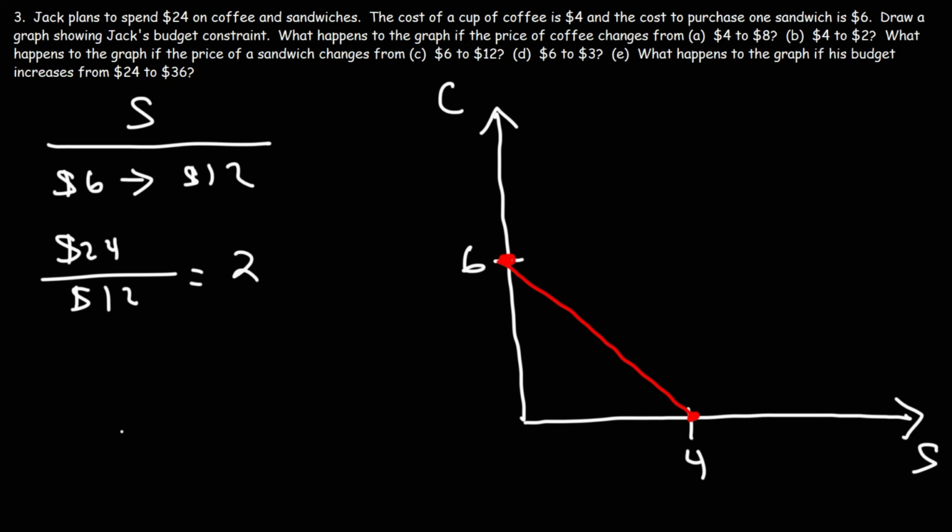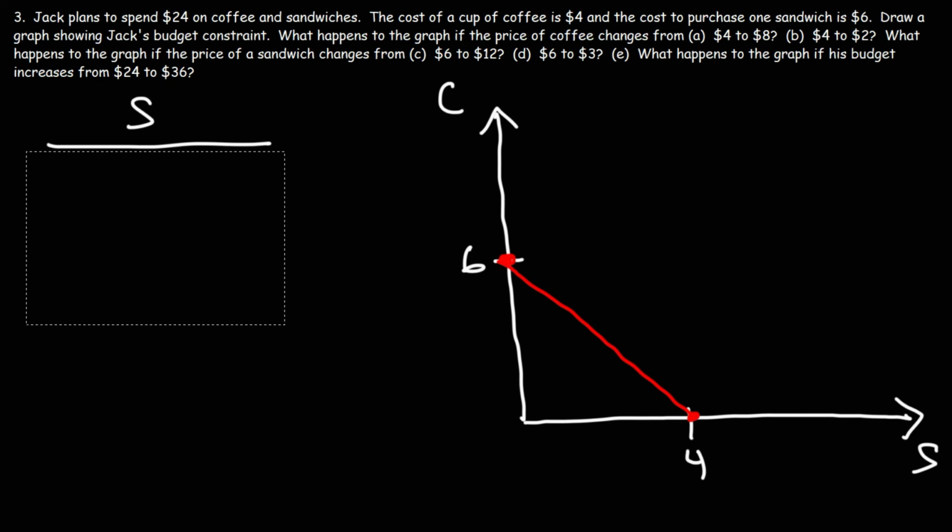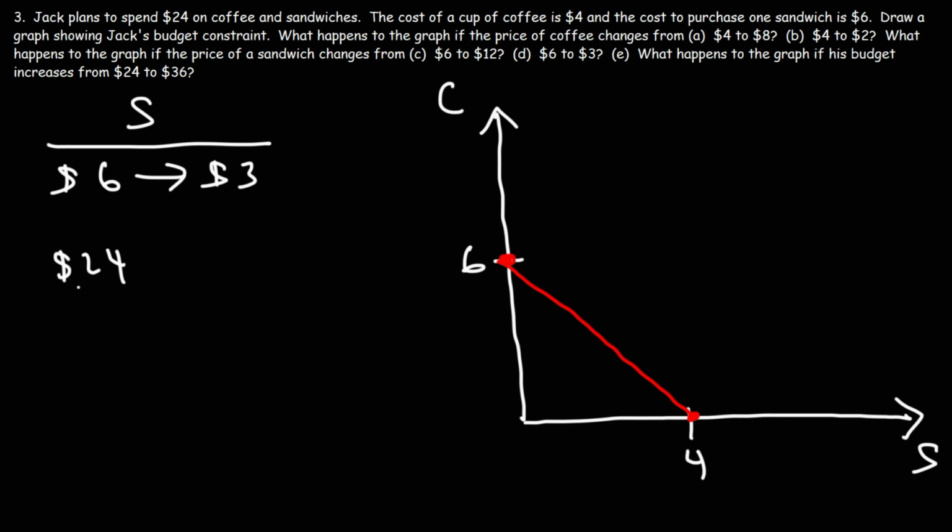Now let's see what happens if the price decreases from $6 to $3 in part D. So if we take the budget of $24 divided by $3, he can now buy 8 sandwiches as opposed to 4.